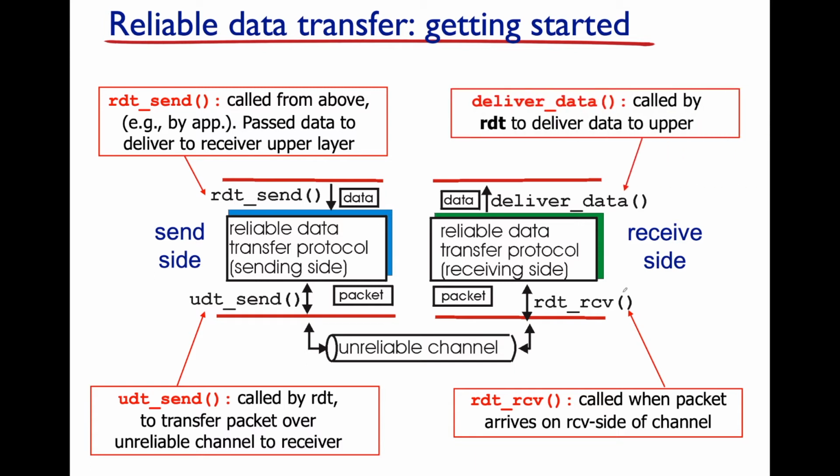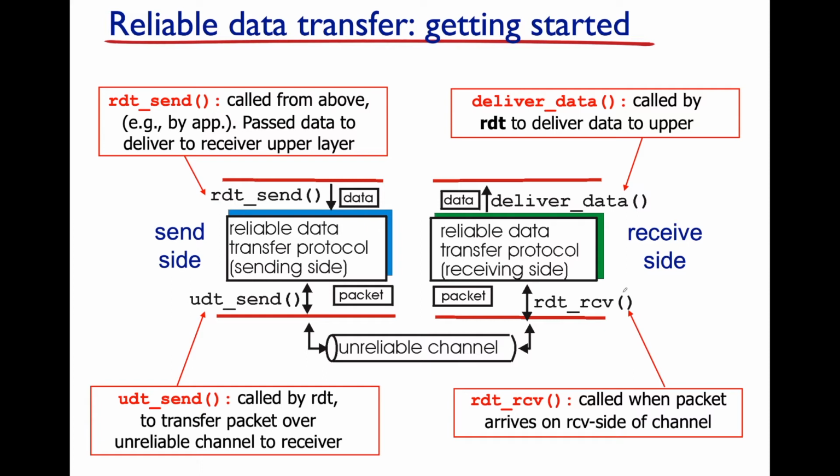And then lastly, we have deliver data, which is called by this reliable data transport on the receiver side in order to deliver that message data ultimately to the process which is associated with a port number in a particular socket. And that's the receiver application that it delivers that message data to.